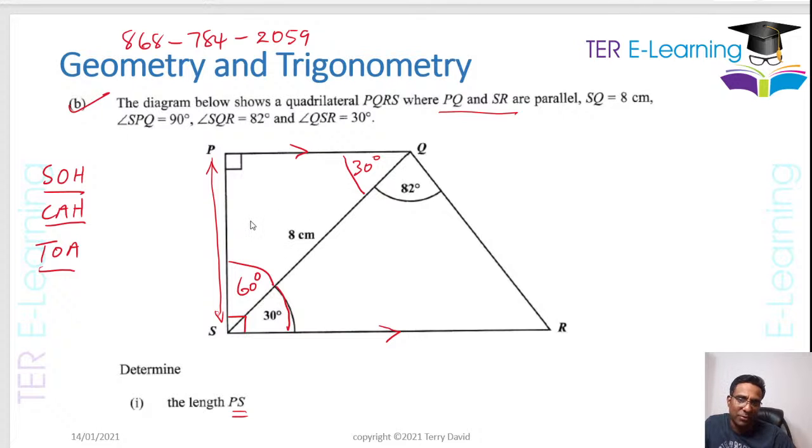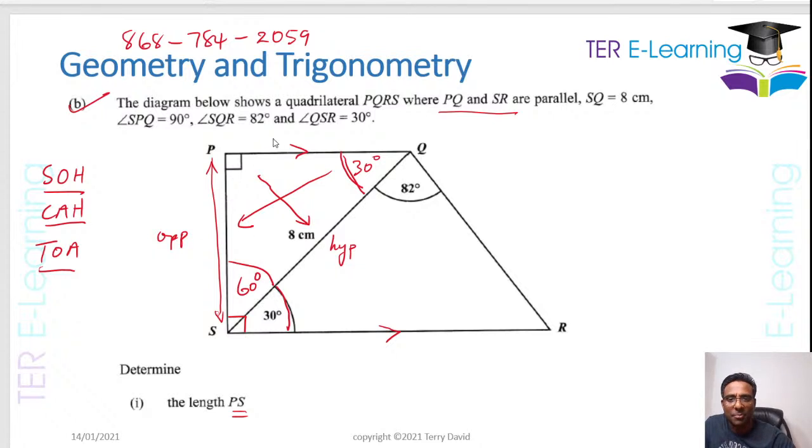So let's see, what am I going to use? I want to get the length PS. Now, in a right angle triangle, the side opposite my right angle is called my hypotenuse. So this is my hypotenuse. Your opposite is going to be determined by whatever I choose as my angle to use. So if I use 30 degrees in my calculation, this side here is my opposite.